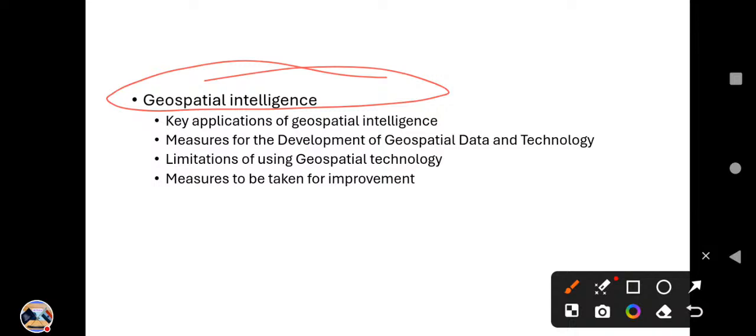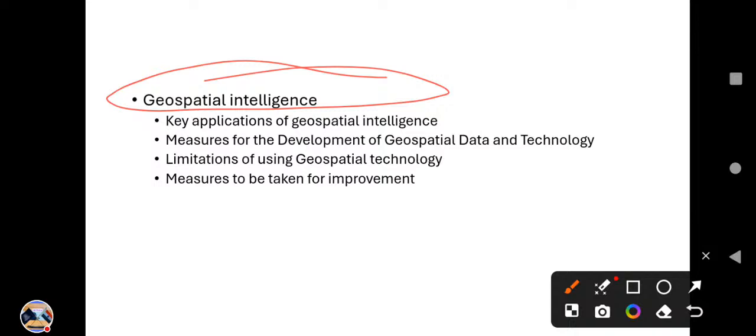What is the status of geospatial data and technology in the Indian context? India has a robust ecosystem in geospatial, and has developed its own positioning system, the NavIC system. ISRO and Survey of India, the remote sensing application centres, and the National Informatics Centre in particular, and all ministries and departments in general, use geospatial technology.